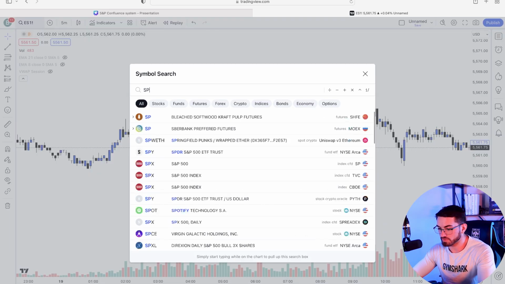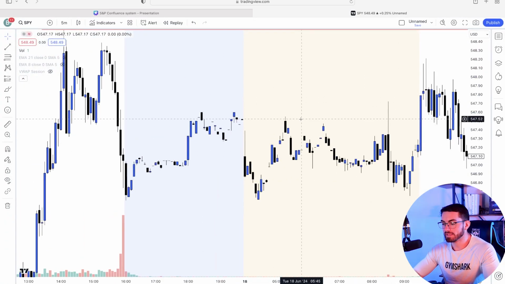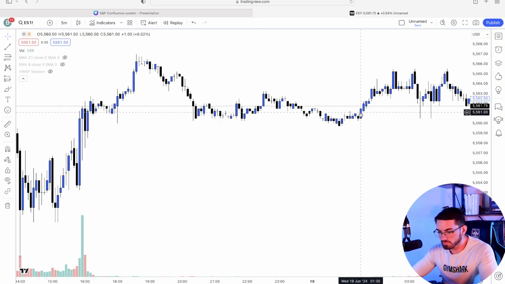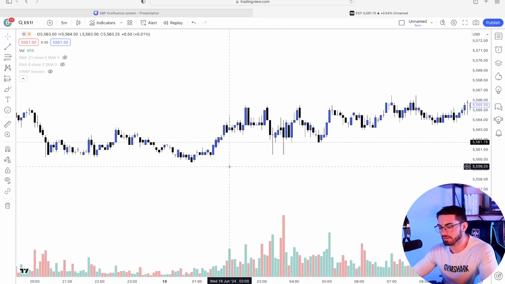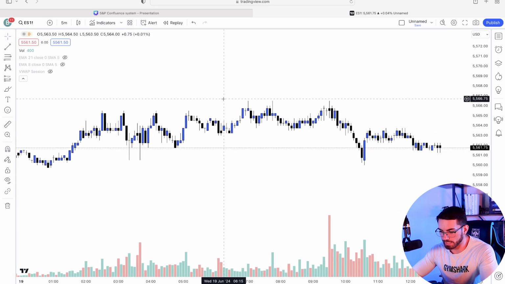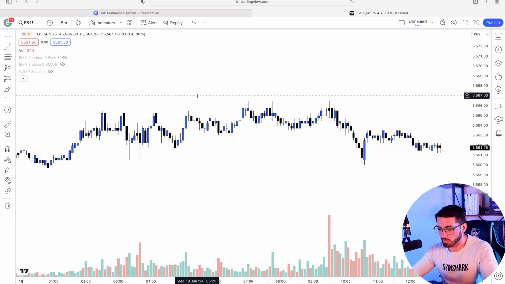Now, if we were to head on over to SPY on the 5-minute time frame and we look at the post and pre-market, the candles are a lot more thin compared to the S&P 500 futures.